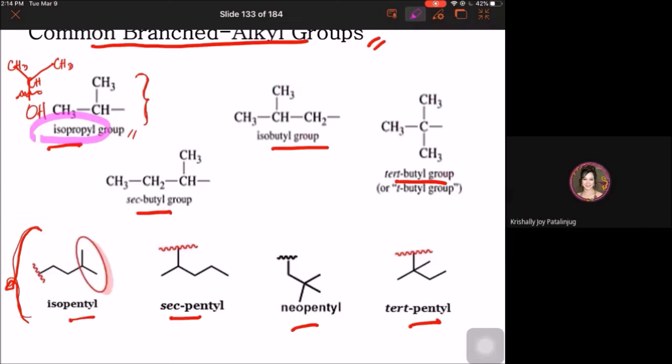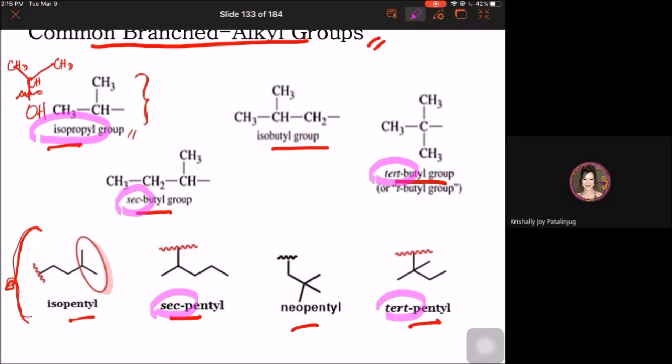Okay, whereas, ito yung mga hyphenated, pareha sa sec, gigamit nimo ang sec, then hyphen, sec-butyl, tert-butyl. Ito, sec-pentyl, yung mga hyphenated ba?